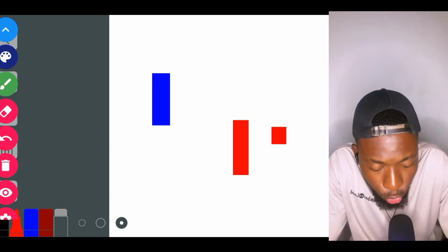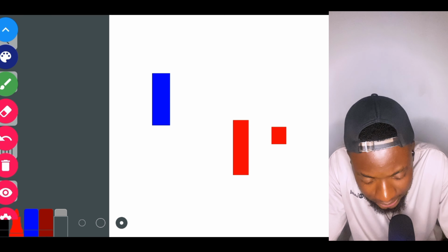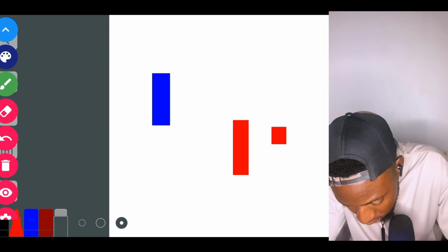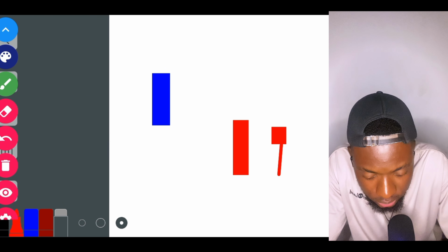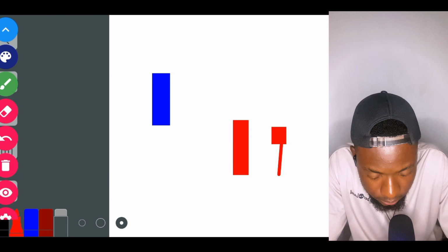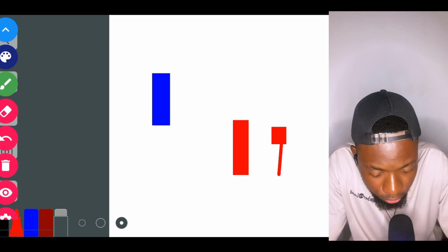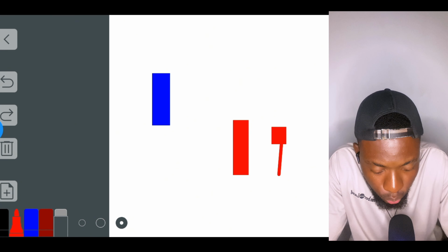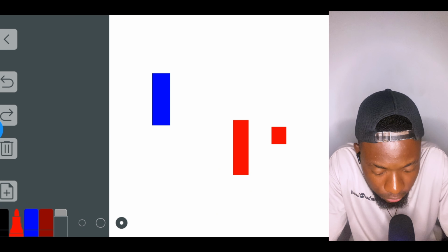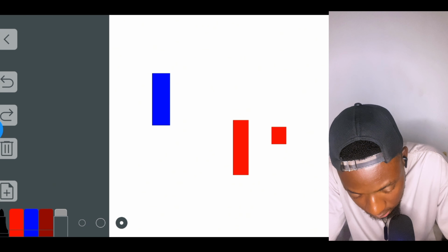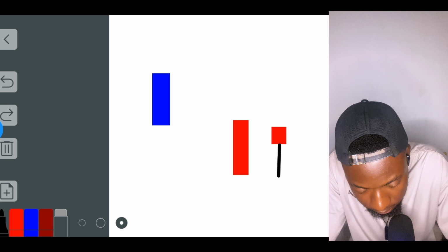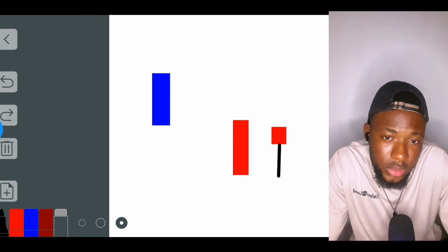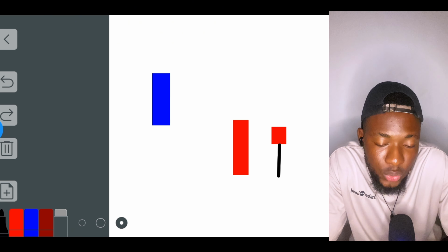This whole portion below the candlestick, the point the candlestick touched before, is going to form something we call the wick. That is how the wick is formed. So it's going to leave something that looks like this. Are you getting it? This is how the wick comes about.